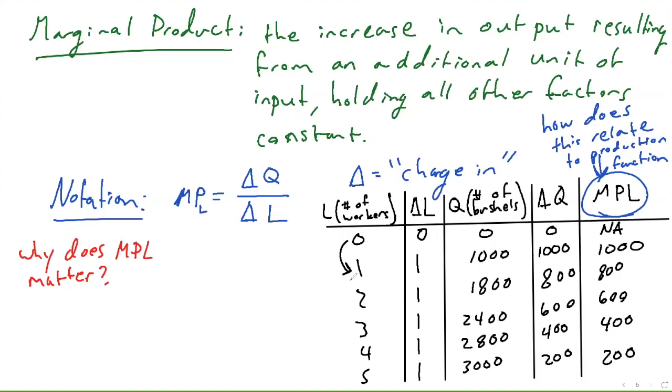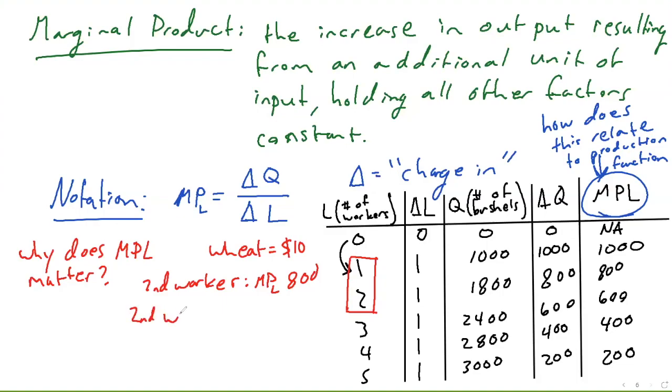So let's look at the first and second workers. Let's say a bushel of wheat costs $10. So the second worker has a marginal product of labor of 800. And if that product sells for $10 per bushel, then the revenue generated by that worker is going to be 800 times the $10 per bushel, or 8,000.